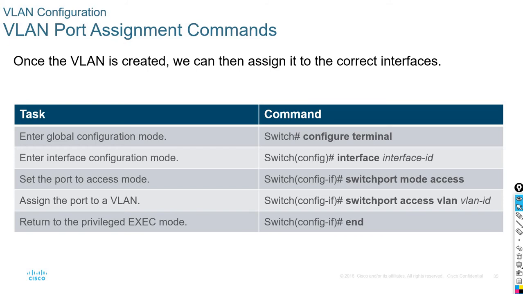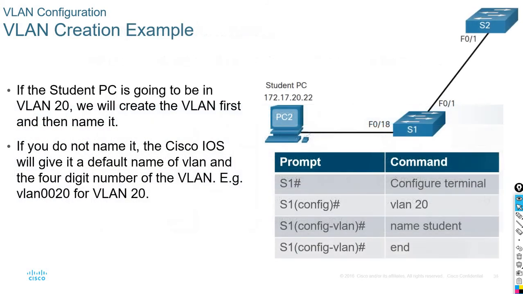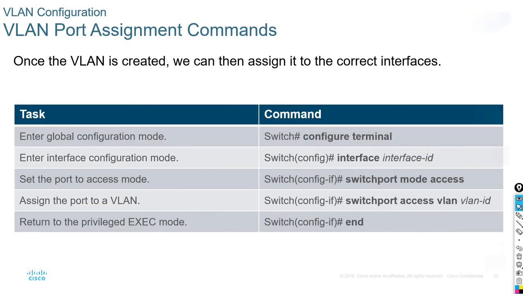With this command, the interface changes to strictly access mode here. Access mode indicates the port belongs to a single VLAN and will not negotiate to become a trunk link here. In the figure above, you can see port F0/0. We'll go over another example for this.